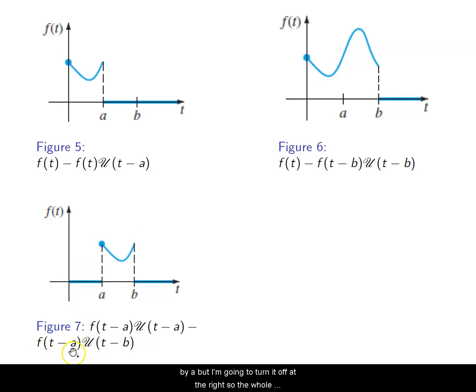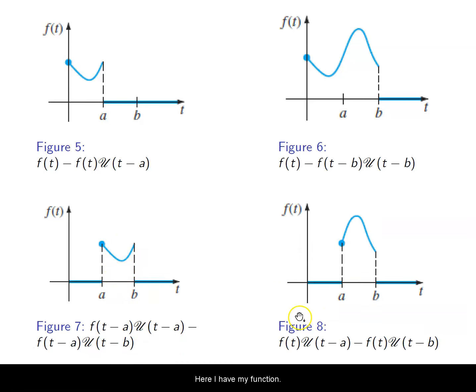So my function has still been shifted by A, but I'm going to turn it off at B, right? So the whole function shifted by A, f of t minus a, and then I turn it on at A, right, and turn it off at B.